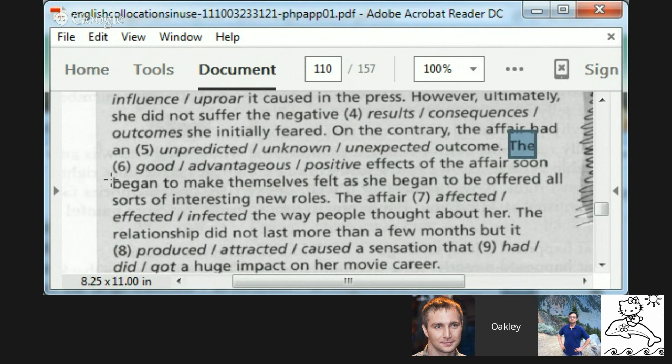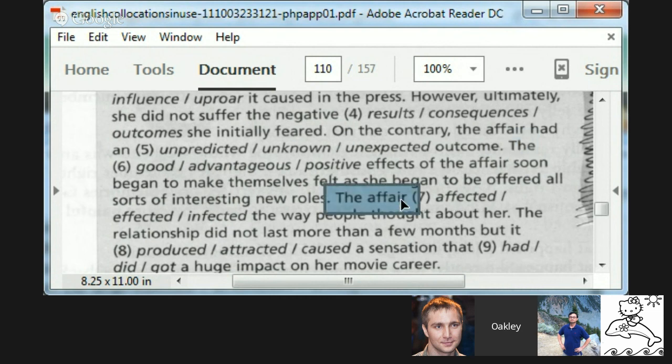The positive effects of the affair soon began to make themselves felt as she began to be offered all sorts of interesting new roles. Yeah, positive effects, definitely. She started getting jobs. Great. Heidi.